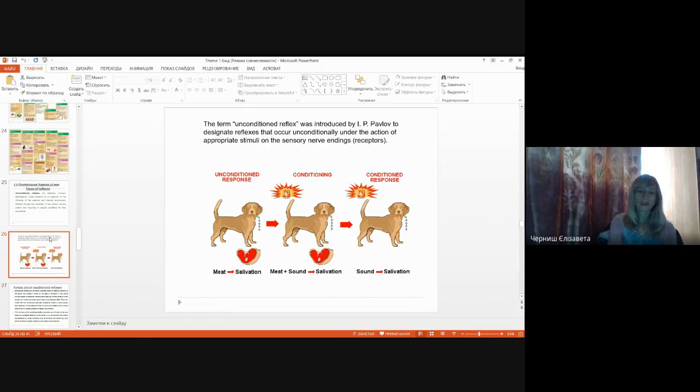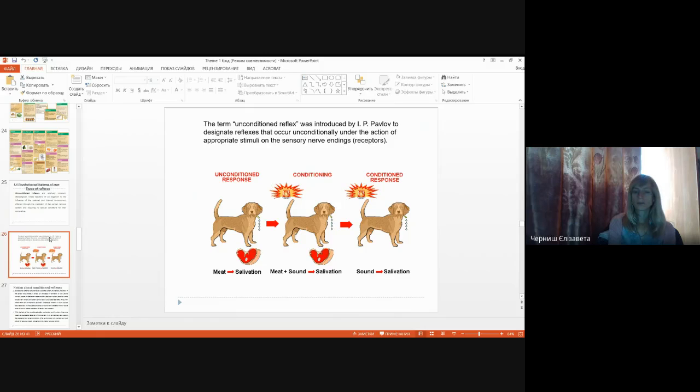Yes, and you see the pictures of the reaction of the dog, because his experiments were conducted with some factors connected with the digestive processes of dogs. For example, a sound, and when the dog hears the sound it thinks about food, which causes salivation.